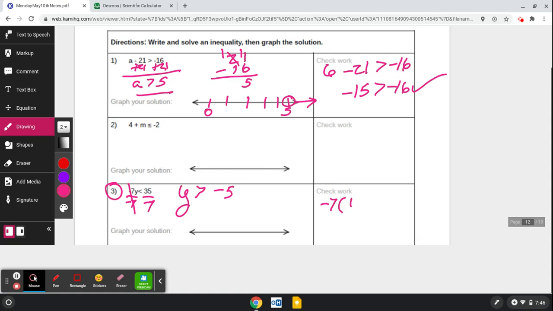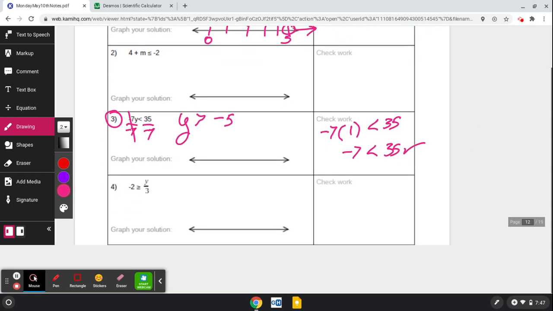We can use 1. That's bigger than, it doesn't matter. It doesn't have to be the next number. Is that going to be less than 35? Well, I get negative 7 less than 35. Is that true? Yes.